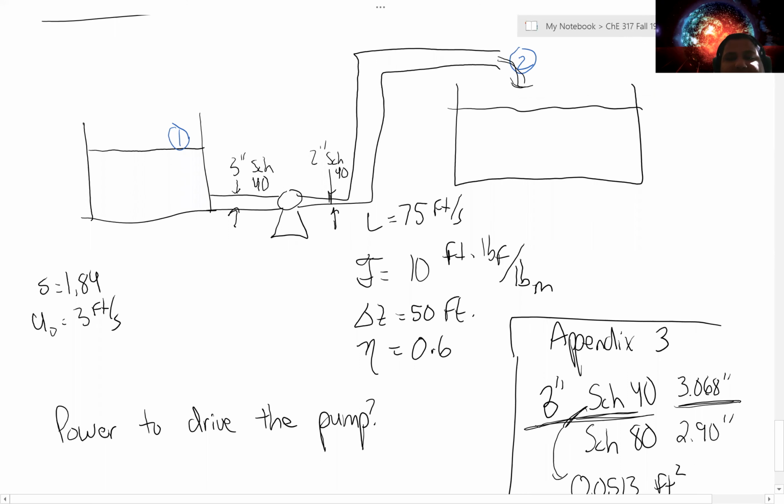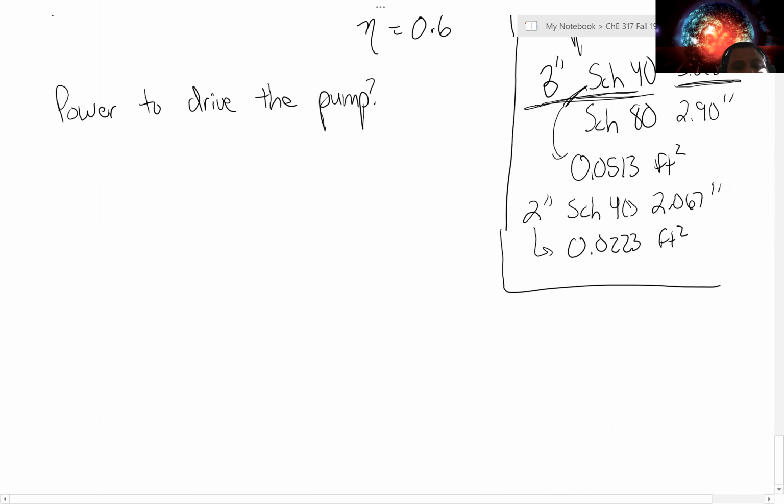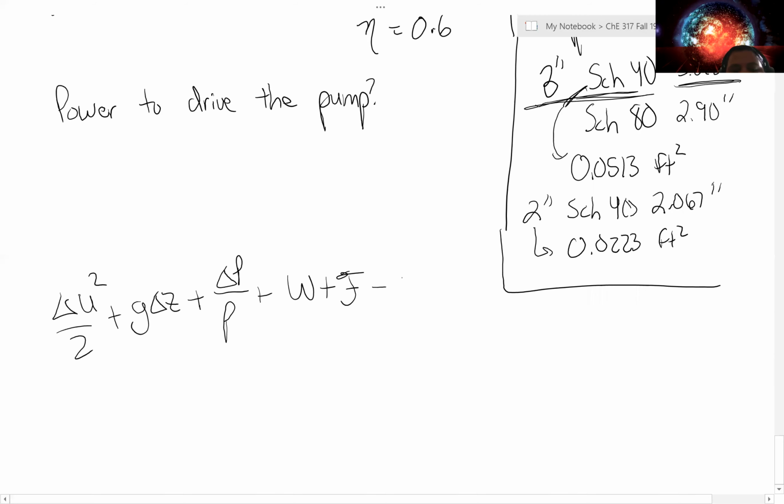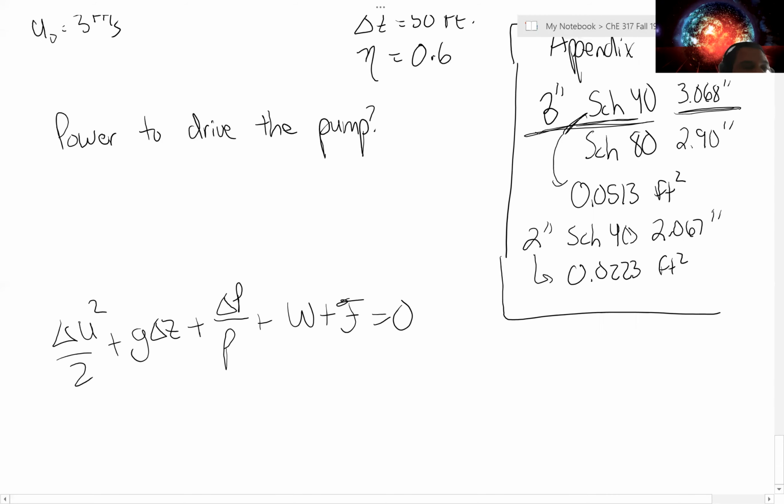Once again, what we're going to look at is developing our energy balance, delta U squared over 2 plus G delta Z plus the pressure plus work plus friction equals 0. So in this problem, which terms can I neglect?